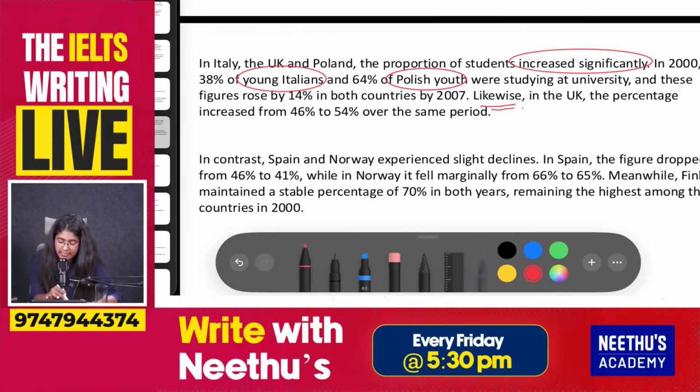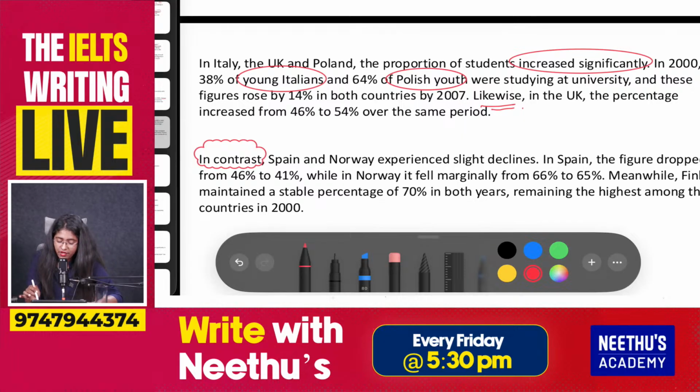In contrast, again for body paragraph 2, we saw that in the earlier one, and in this one they're using the words "in contrast." In contrast, Spain and Norway experienced slight declines.